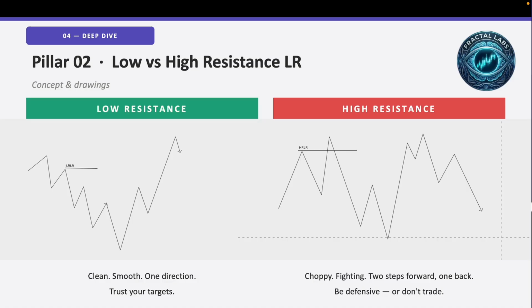For high resistance, you can see that the high is taken, but it fails to hold and be used as support, and price runs back down, takes the lows, comes back to the middle of the range, comes back down, the trend is not supported, there's another change of direction, back to the highs, takes the highs, just sweeps them, reverses. It's choppy. Here you need to be defensive, so having shorter targets or even just staying out because these conditions are coming.